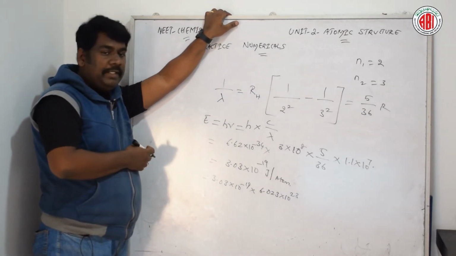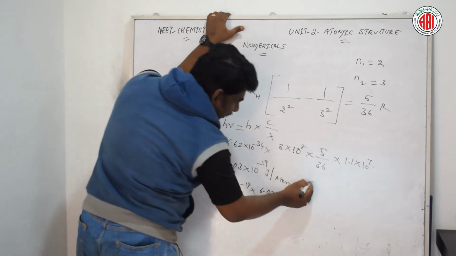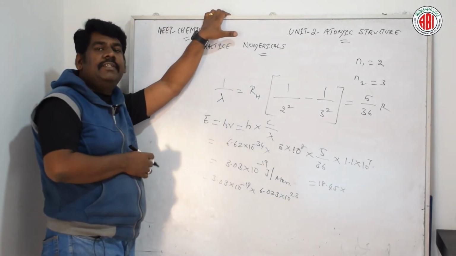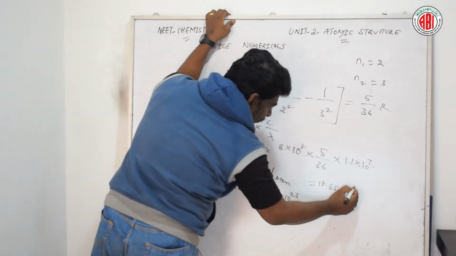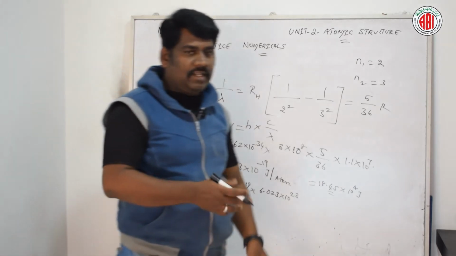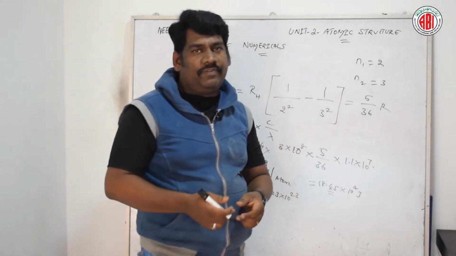Both we have to multiply. Multiplying this, we could get the answer, that is 18.45 into 10 to the power of 4 joule. Okay, so by this way we can solve this problem. Let us go for the next question.